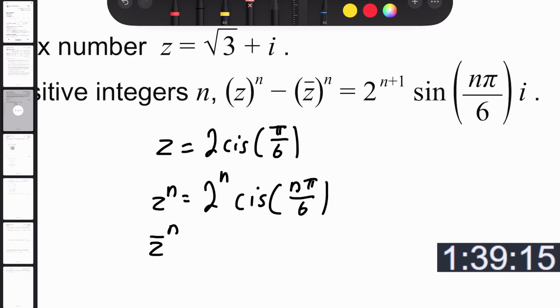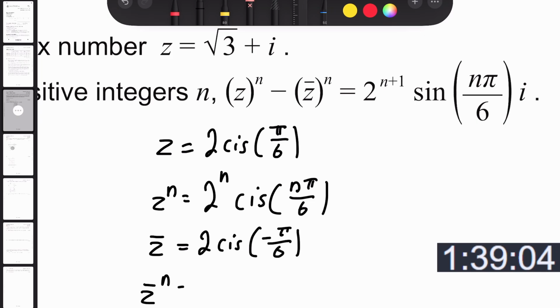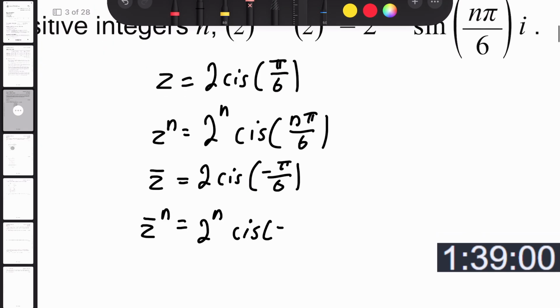And then z dash is going to be 2 cis of negative pi on 6. So then z dash to the n is going to be 2 to the n cis of negative n pi on 6.